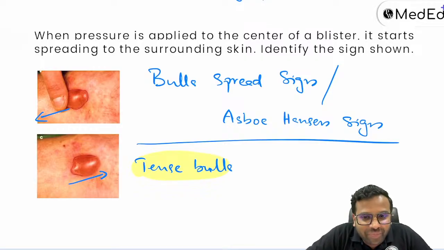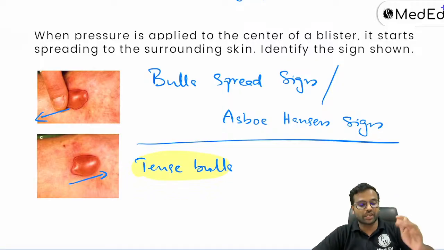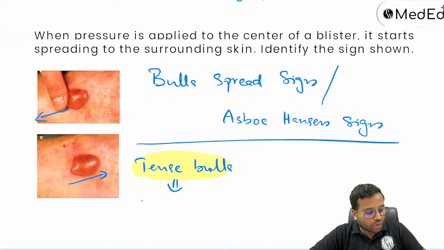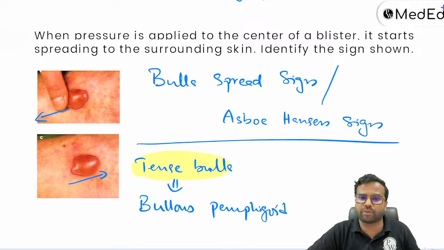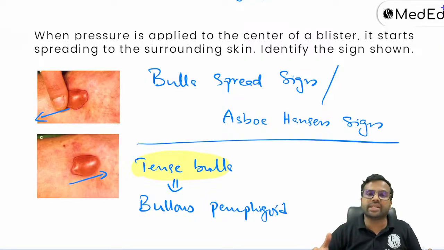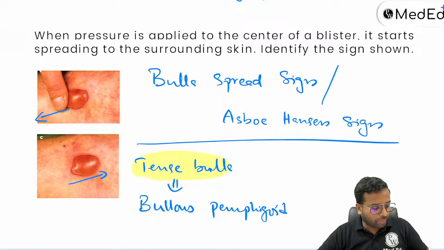What is it? Bullous pemphigoid. Very good, Charan. That is going to be bullous pemphigoid. So we can see a bulla spread sign or Asboe-Hansen sign in a disease called bullous pemphigoid, or any other diseases where there is a tense bulla, like pemphigoid gestationis.